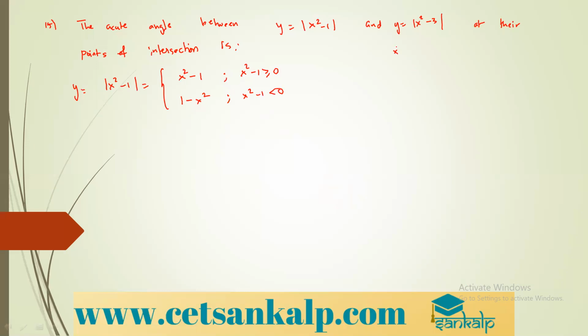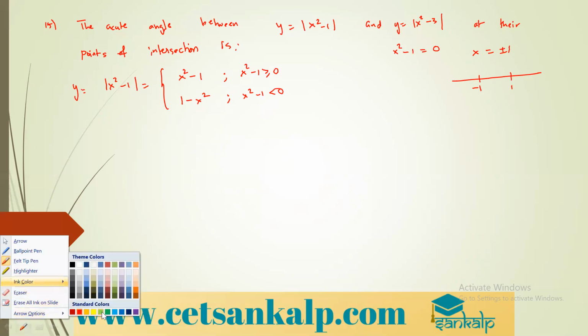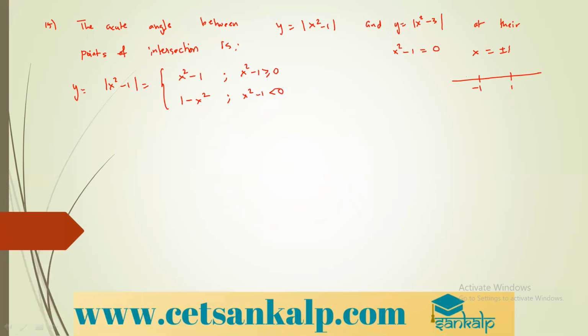So if you take x square minus 1 equal to 0, x will be plus or minus 1. So on the number line, if you take plus or minus 1 and see the signs, you have to take randomly. Here you will take minus 2, here you will take 0, here you will take 2 and put it in x square minus 1. For minus 2, it will be positive. For 0, it will be negative, and for 2, it will be positive.